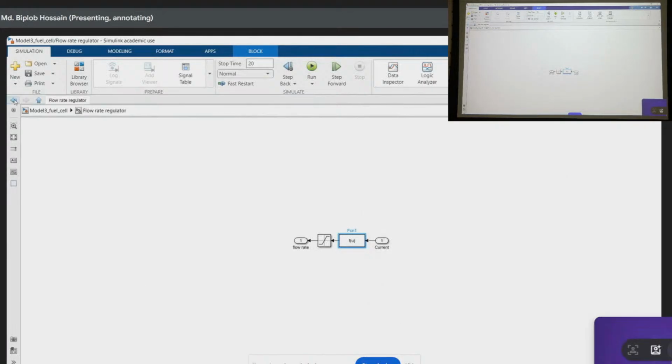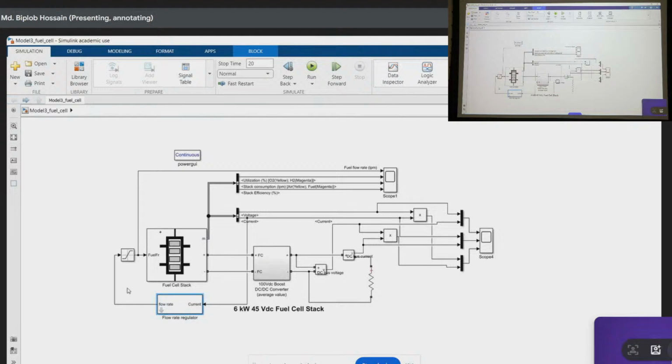In such a way, you can easily input your user defined signal based on your current profile. That means if it is highly fluctuating in nature, then based on that you can develop these equations and readjust the fuel flow rate to ensure that your fuel cell stack operates at your defined utilization factor, like 80%, 90%, whatever you want.